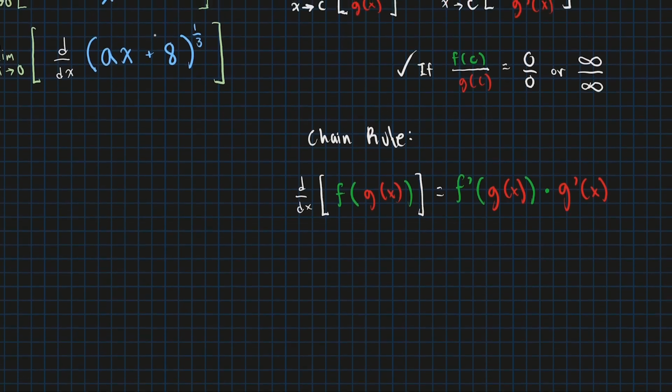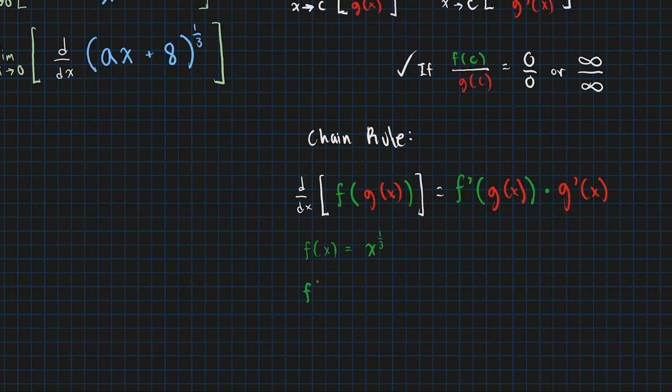So let's see how that works for our ax plus 8 to the power of 1/3. Well, what's our outer function? Well, I think our outer function is x to the 1/3, because we can take the derivative of that. So that means our inner function is ax plus 8. So let's say our outer function, f of x, is equal to x to the 1/3.